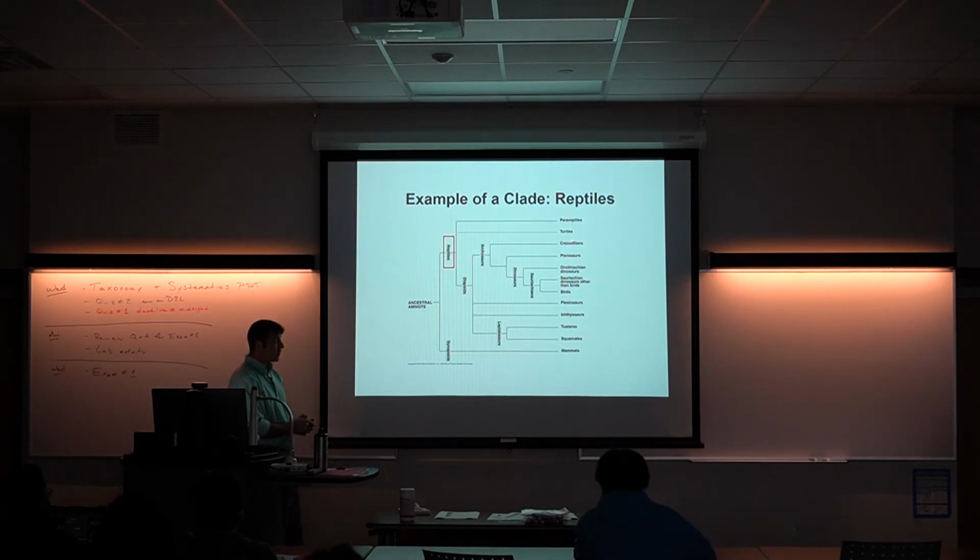Again, crocodiles we still have around, but the next three we don't. Pterosaurs, these were flying reptiles. Ornithischian dinosaurs are plant-eating dinosaurs, and then Saurischian dinosaurs are the meat-eating dinosaurs. We can see that birds evolved from meat-eating dinosaurs. Again, these dinosaurs are no longer with us, but we still have birds around.